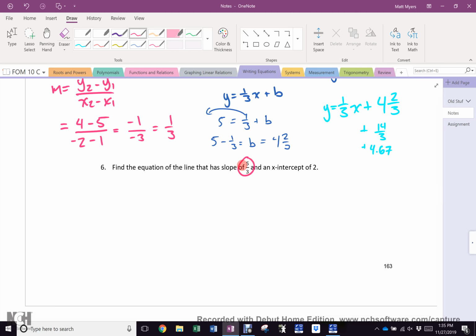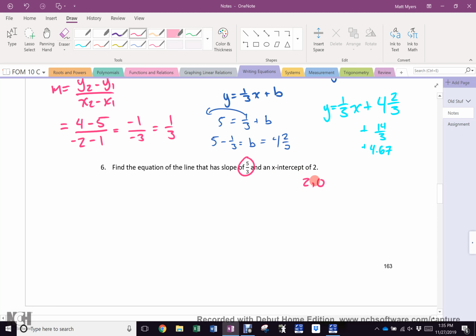Why do I only have a point, Jazreet? Because it's an x-intercept, isn't it? Why is that question there? To make you read and be careful. So, Jazreet says we cannot use slope-intercept because we do not have a y-intercept. What do we have? We have an x-intercept, so 2, 0.